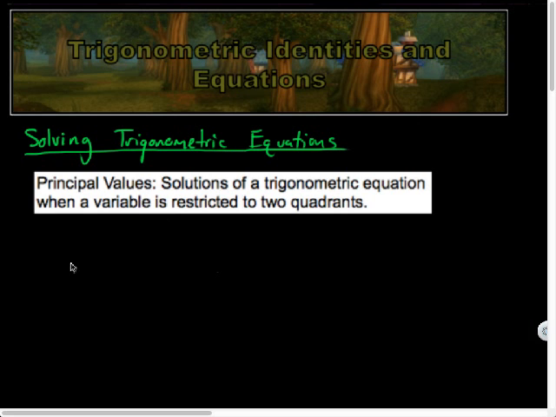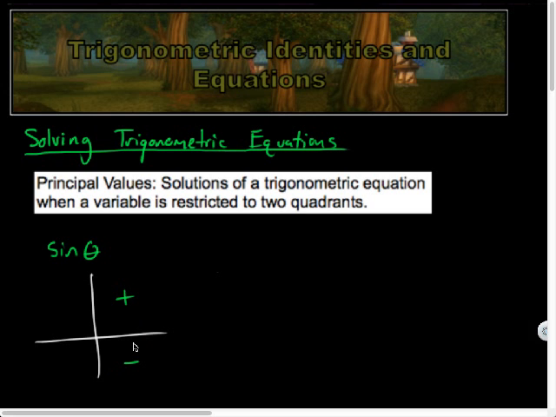What I'm basically saying is this. Sine theta, we know what quadrant sine theta is positive in. It turns out the principal values for sine are going to be the fourth and the first quadrant, because within those angles, sine is going to experience all possible y values.